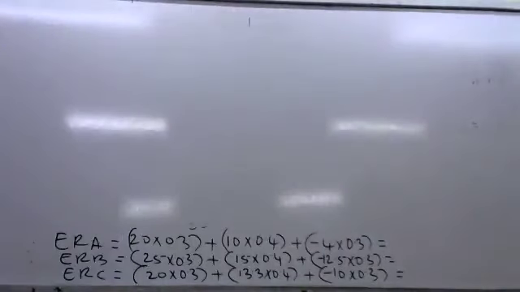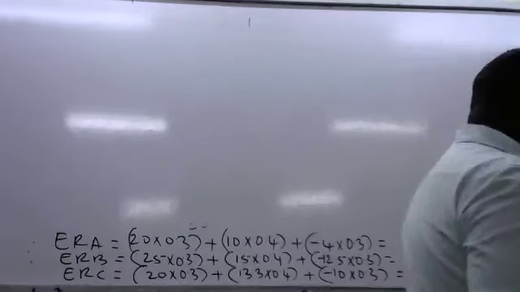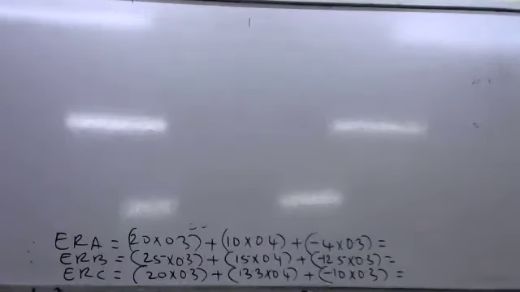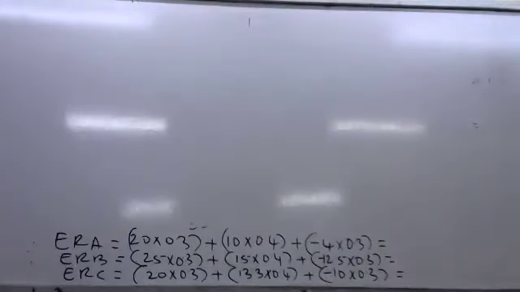So from that additional information, you are given some details about A and B, A and C, and also B and C. So a portfolio is a combination of investment securities in order to minimize the risk.